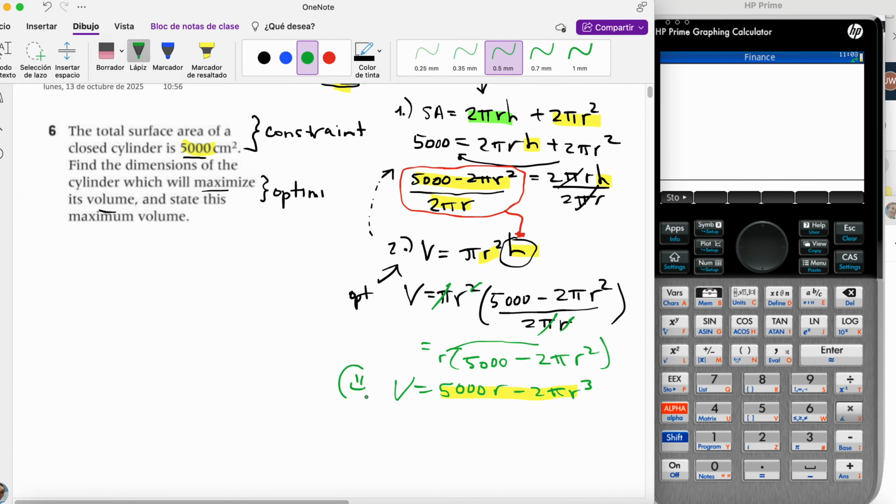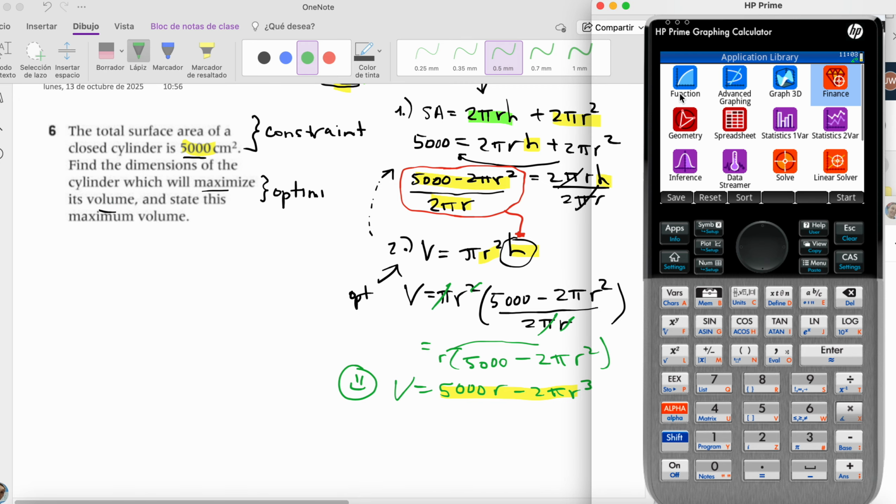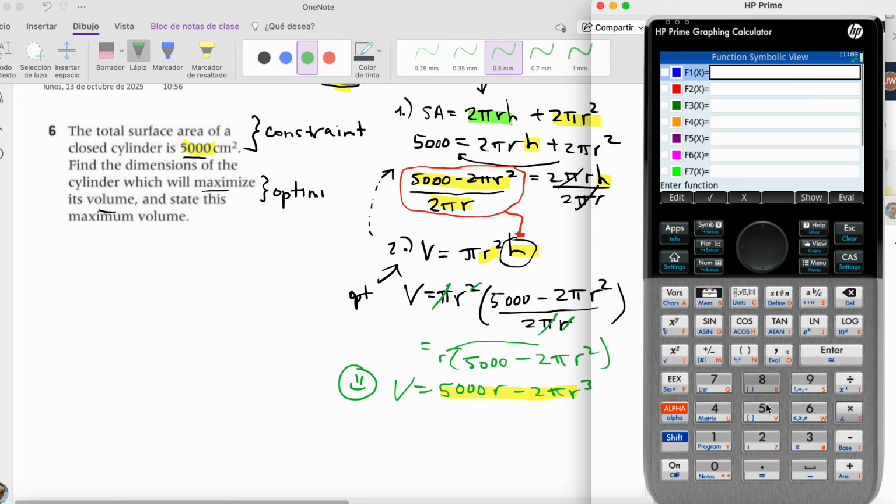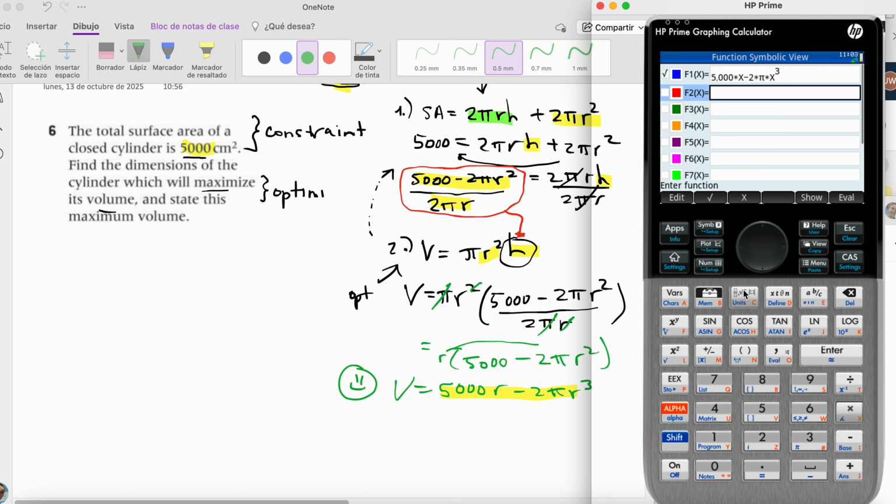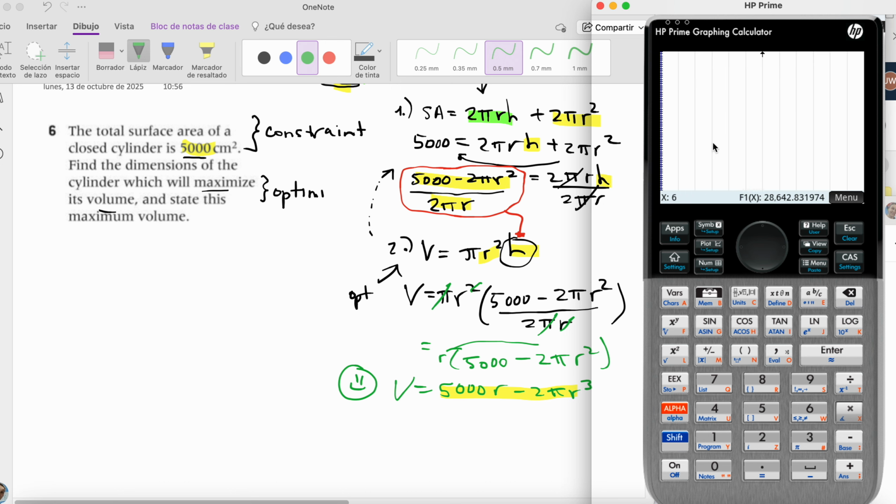That's the hardest part, because now you can do whatever you want. What do they want now? You can optimize this. You can find the biggest one. Let's graph this. Depending on what you set the radius to be, you're going to get different volumes, which is kind of interesting. You can see this is a terrible window.